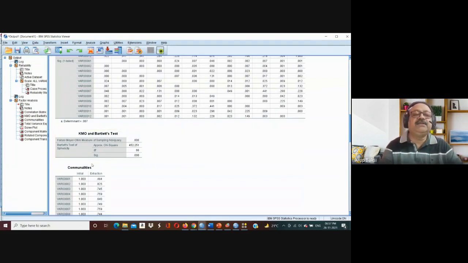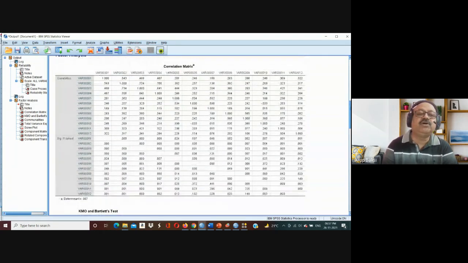As far as the significance of the approximate chi-square by virtue of Bartlett's test of sphericity is concerned, the chi-square result is 452.251 with a degree of freedom of 66. Now, the significance has been achieved. Bartlett's test of sphericity, as I have told you, signifies that we can reject the null hypothesis, and that this particular correlation matrix is neither a singular matrix nor an identity matrix.